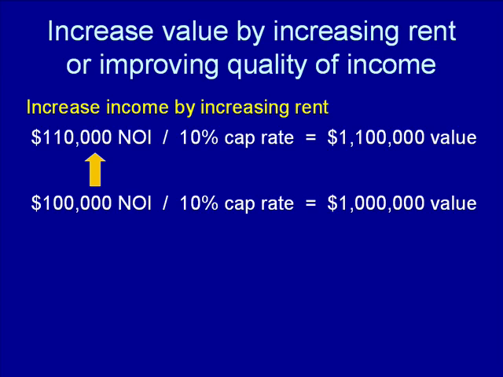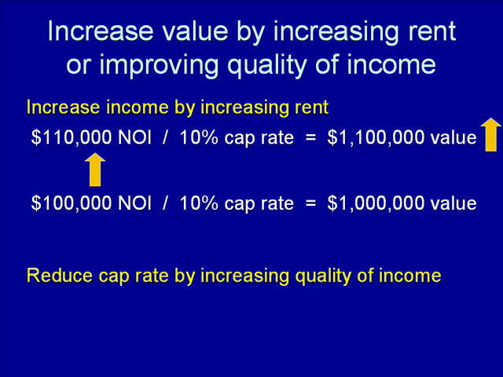But we now do our equation: $110,000 net operating income divided by a 10% cap rate is an increased value. So now we're up to $1.1 million. So that's one way we can increase the total value, by increasing the income.